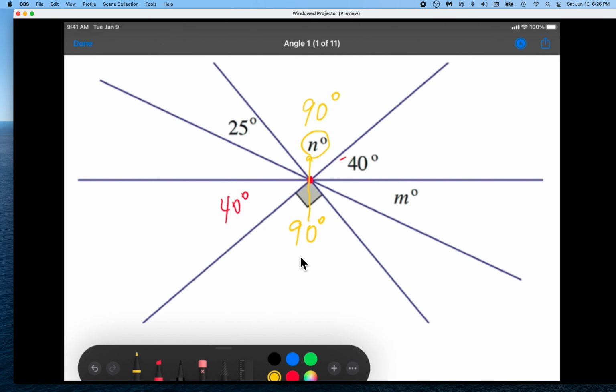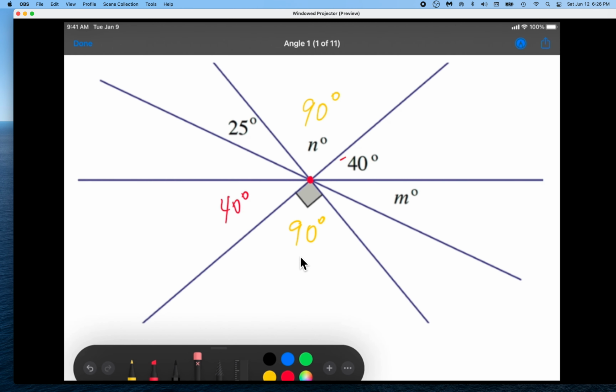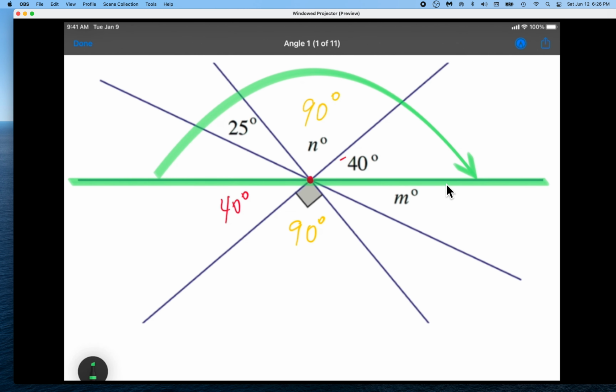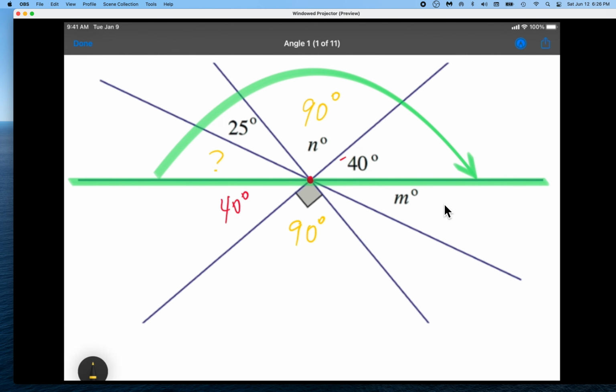Okay, this brings us to our next concept. And that is that when you have a straight line situation, the angles add up to 180 degrees. So here we go. See this straight line right here? That means all of these angles are going to add up to 180 degrees. So here we go. We have this, which we don't know what that is yet. Let's call that x.